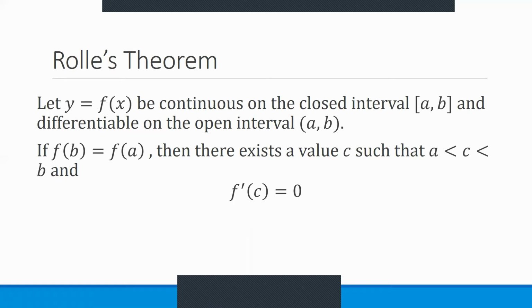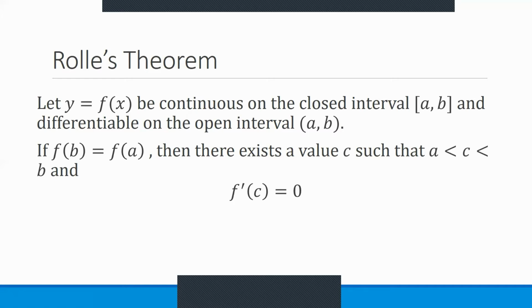So if we have two function values the same, then there is an x value in between them where the derivative at that x value is 0.